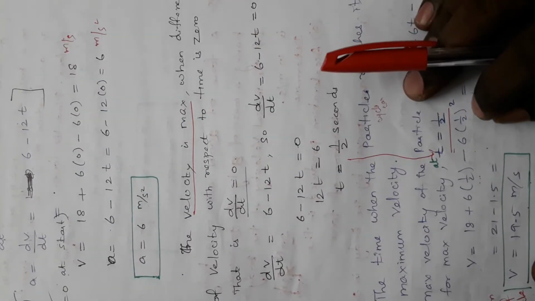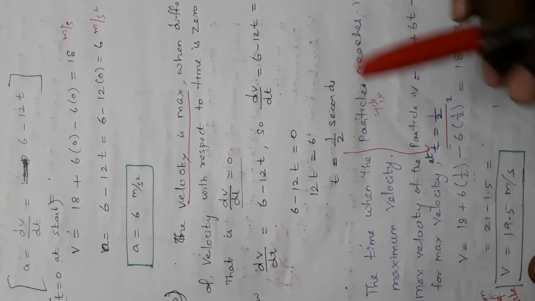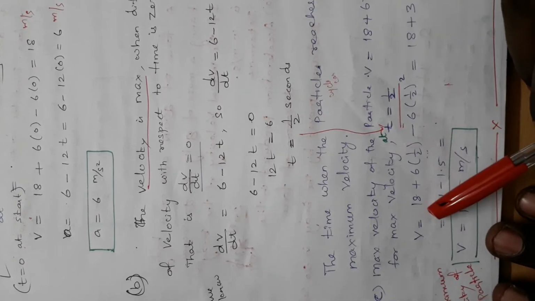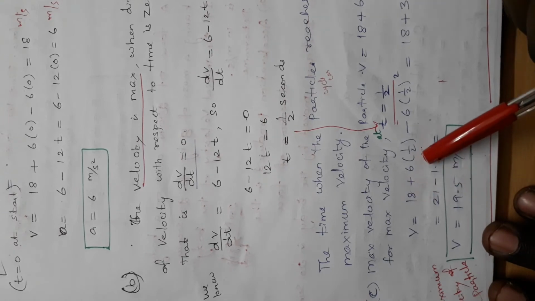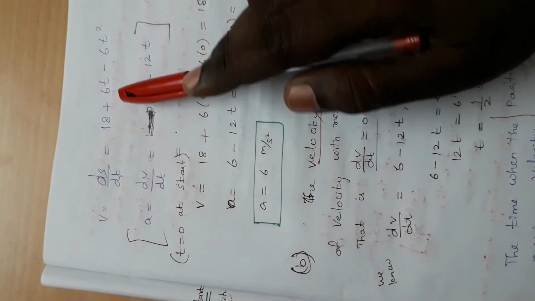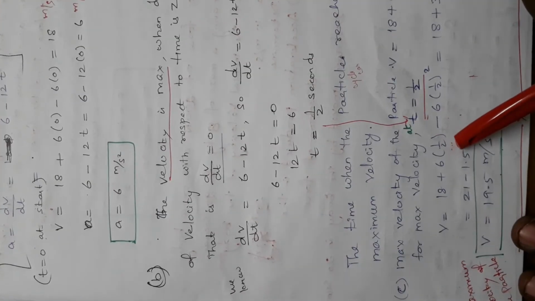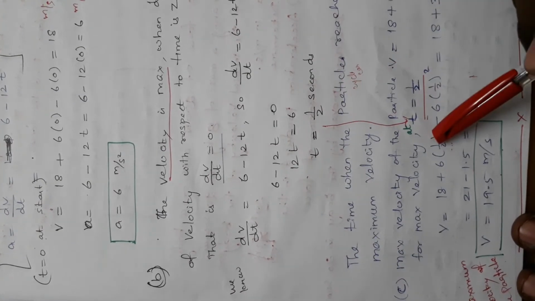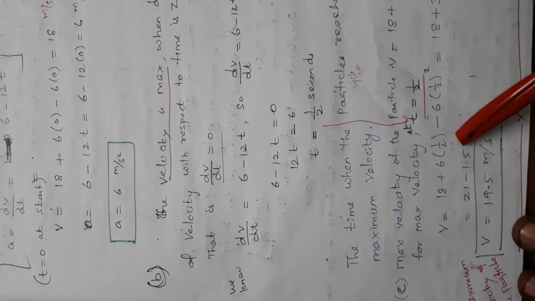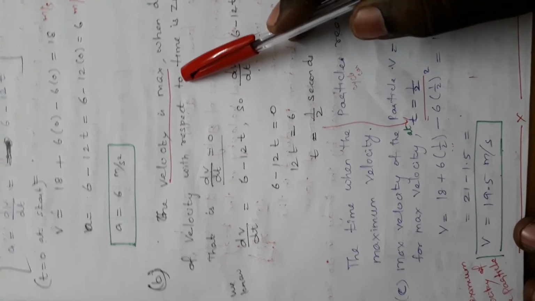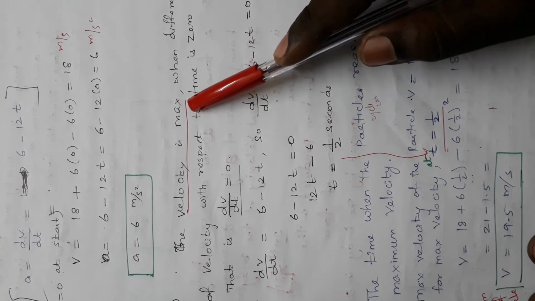Now we have to find out another thing: what is the maximum velocity? We know that v = 18 + 6t − 6t². In place of t we have to substitute half here, because only at half second does the velocity reach the maximum.